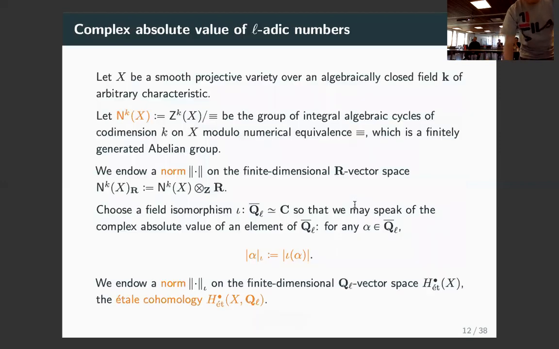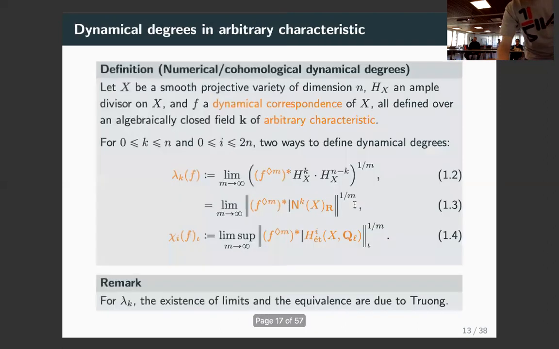When X is defined over an arbitrary field, N^k is the group of numerical algebraic cycles, and we give it a norm. Here we also fix a field isomorphism from Q_l bar to C as before, and then we choose a norm on this Q_l vector space using this field isomorphism iota. Then we have the following two definitions of dynamic degree over an arbitrary field.